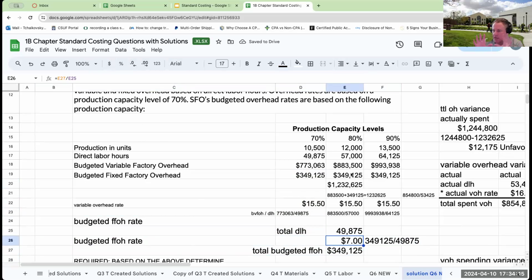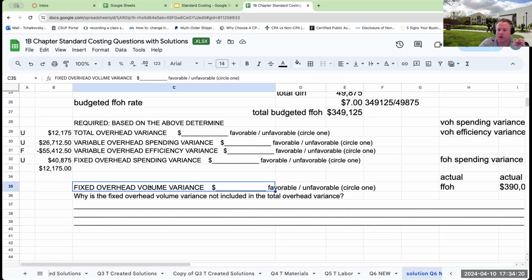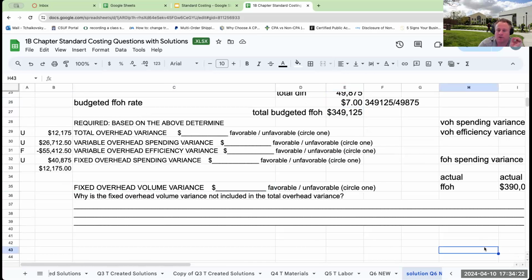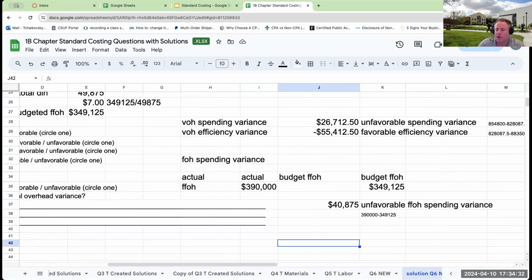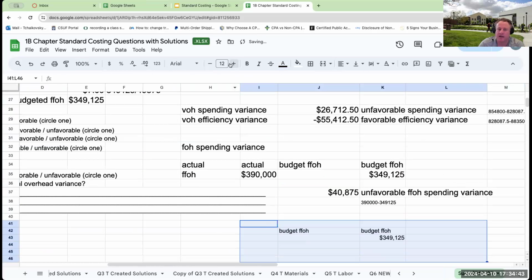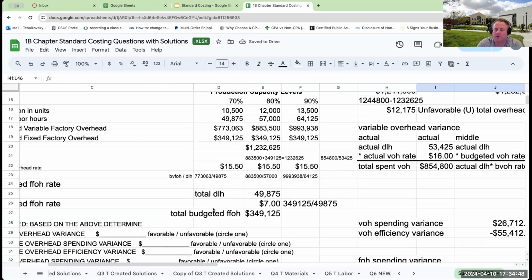Okay, so again, let's take a step back. I'm asking you down over here for the fixed overhead volume variance. The volume variance is not included because it's difficult to reconcile it to the total controllable variance. So I do this separately. My budgeted fixed factory overhead was 349,125, right? This is the amount that it was set at, and this was set at a production level of 70%.